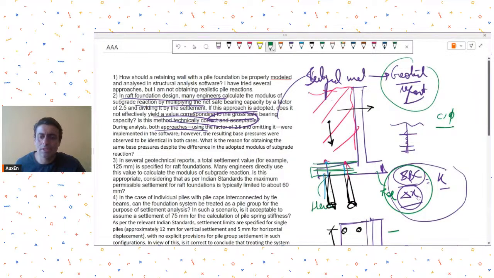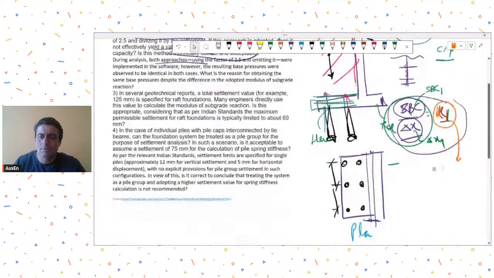That means, let's say you found out some k by assuming some bearing capacity and some settlement. Okay, then you found out this k, let's call it k1, this k1 you used in your software, say for STAAD foundation or whatever, and then you analyzed your foundation system again.